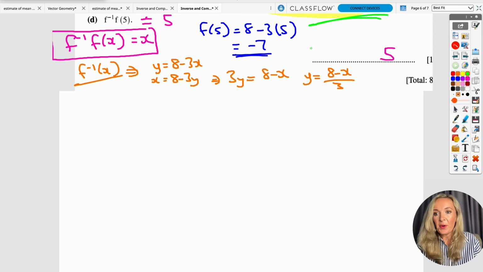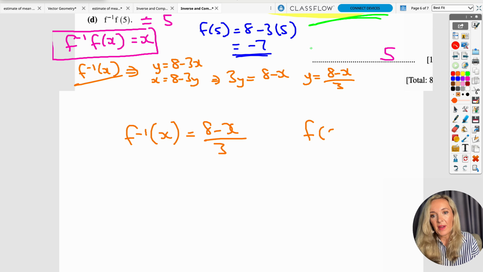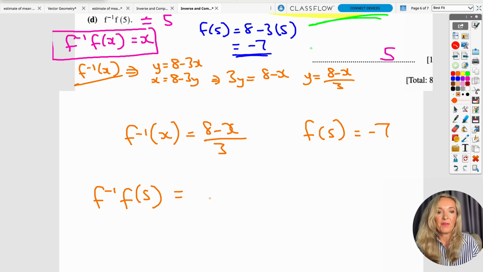Okay, so I'm now at the point that I know that f to the minus 1 of x is 8 minus x over 3. I also know that f of 5 is equal to minus 7. So if I find f to the minus 1 of f of 5, then I'm putting f of 5 into this.